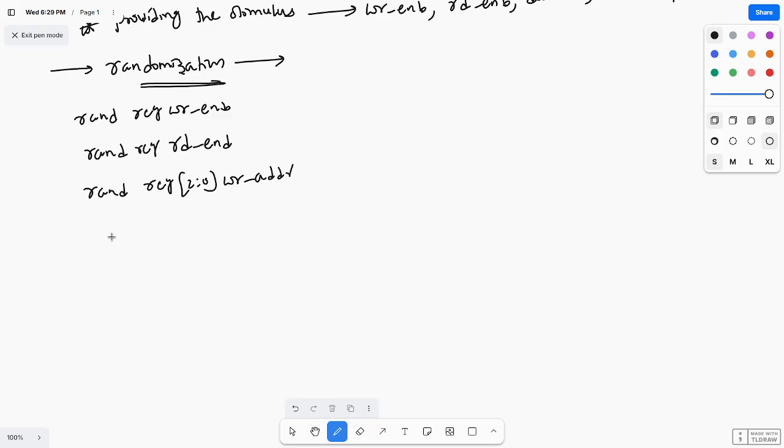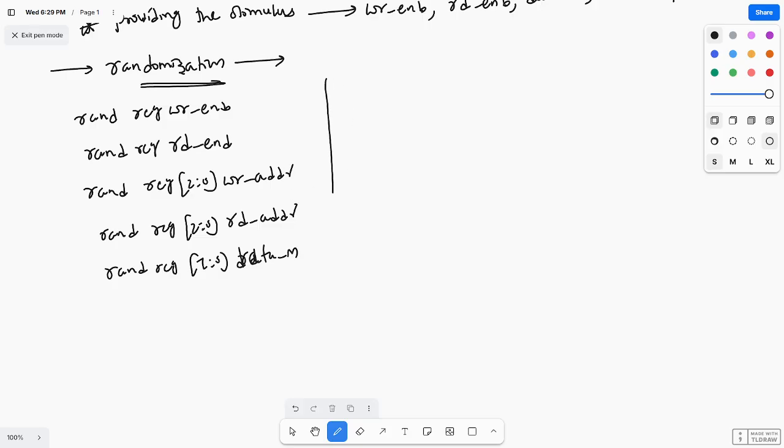And rand reg 2 down to 0, read_address. And rand reg 7 down to 0, so this is 8 bit, data in.